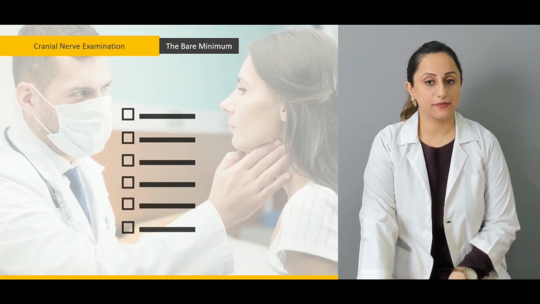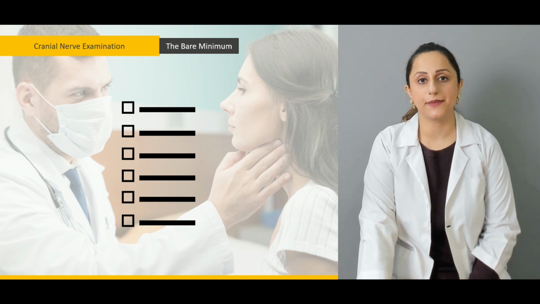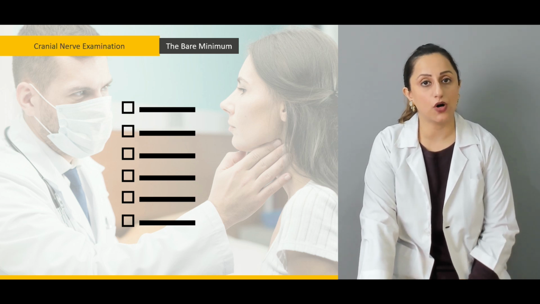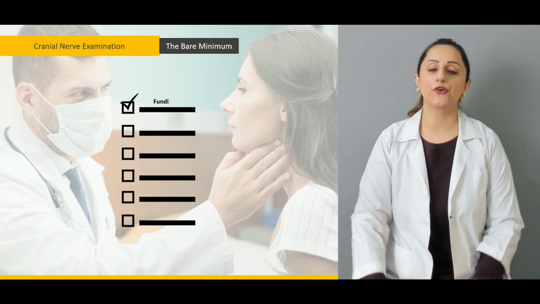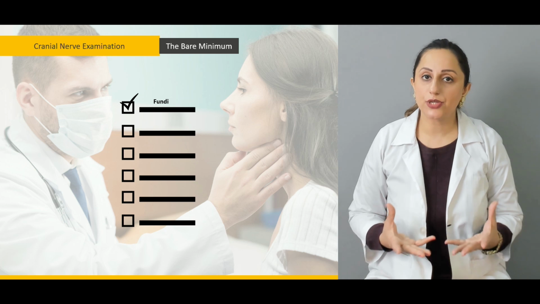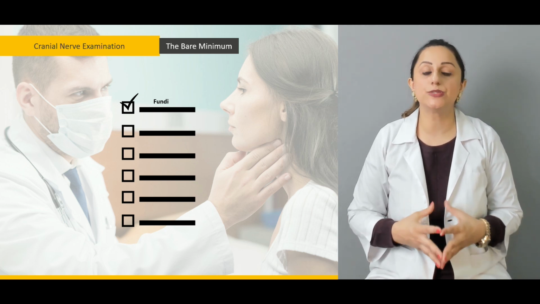The bare minimum that you would start off with, even in any other neurological examination, or even before you start with the particular cranial nerves, is to look at the fundi. How are you going to check for fundoscopic findings? Obviously, you're going to use an ophthalmoscope.